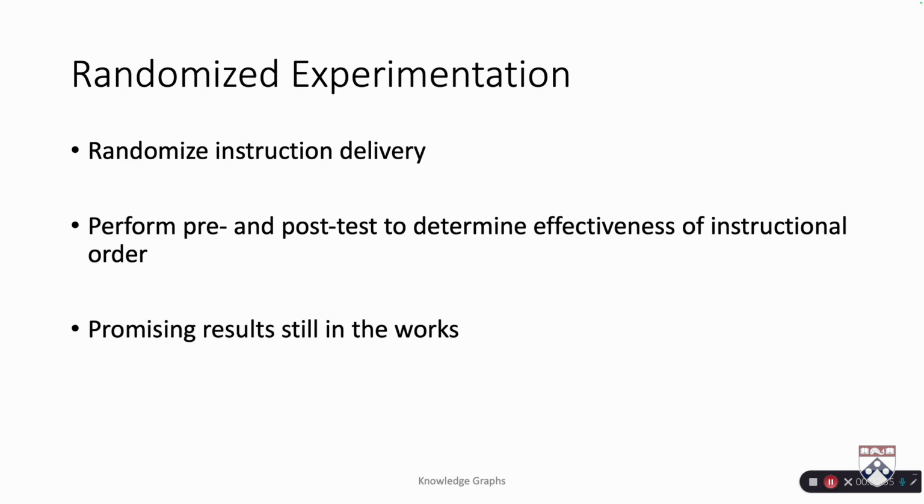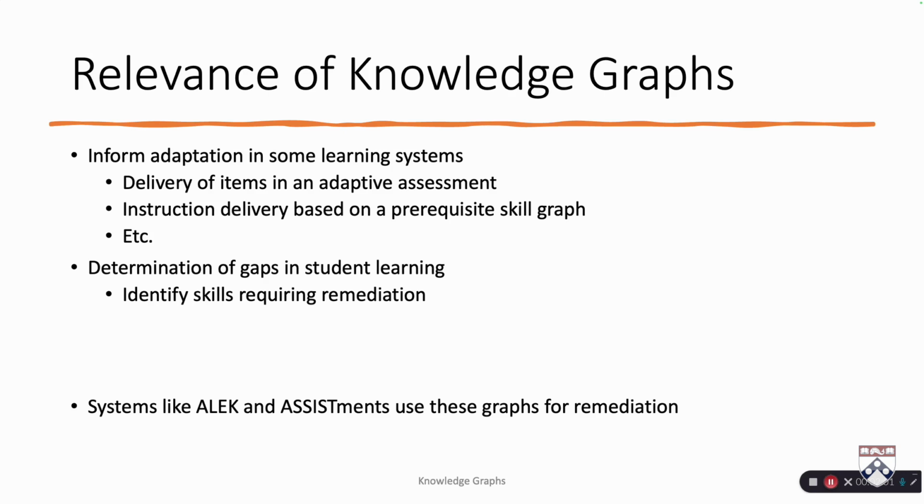But I guess the question is, why is all of this relevant? You may remember from some of the initial slides we talked about, and I think in this second video, we discussed and mentioned that a lot of the intelligent tutoring systems we have around actually use knowledge graphs to inform adaptation.